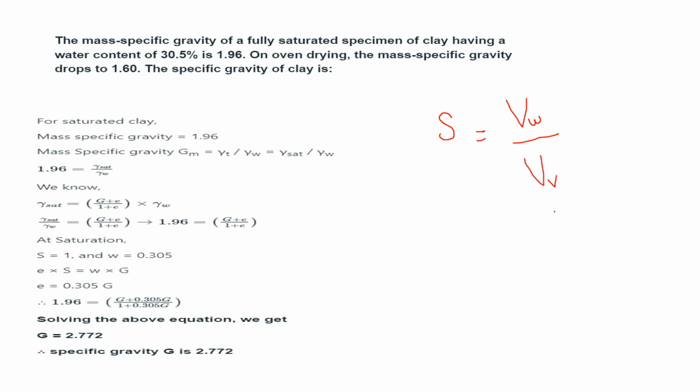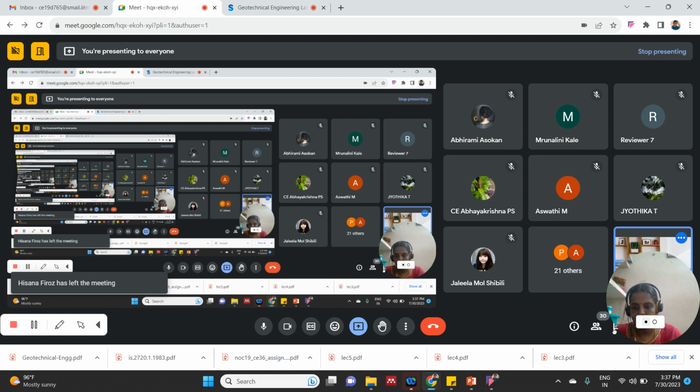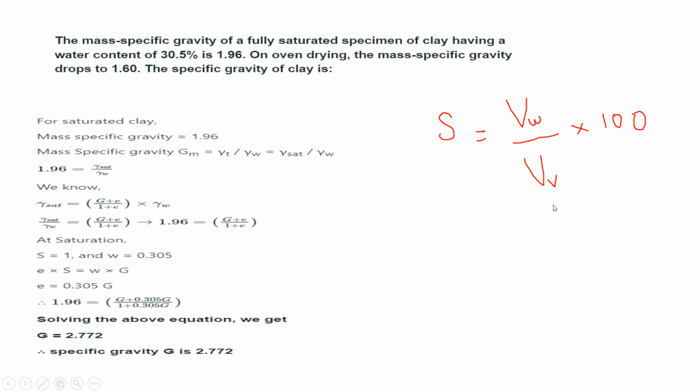That is, in this much volume of voids, this much volume of water is present. That is what degree of saturation is. Now, for a dried soil, what is the value of S? Did anyone text? Zero. Very good. So you are now into soil mechanics correctly.